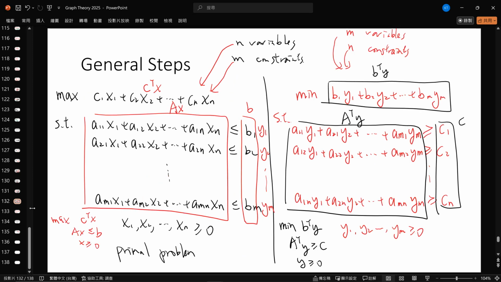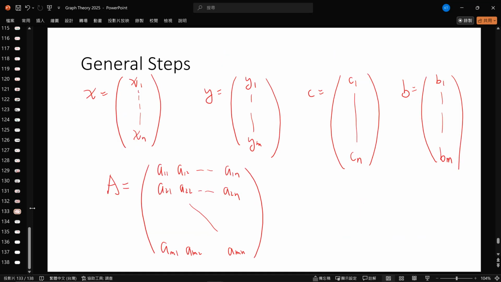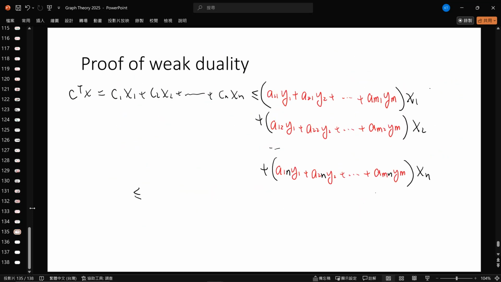To find the upper bound, we can use the dual constraints. The first dual constraint gives us an upper bound for c1. Similarly, the second constraint gives you an upper bound for c2. So that's why we have this inequality.